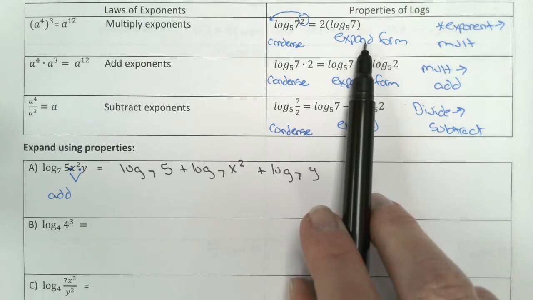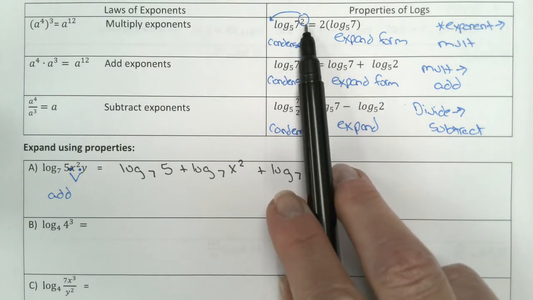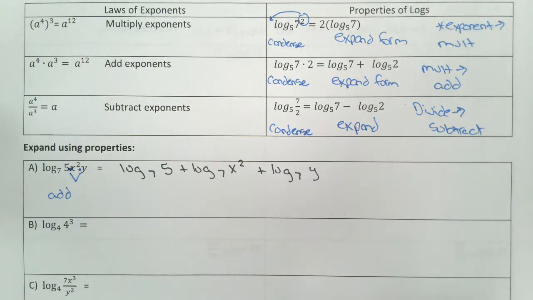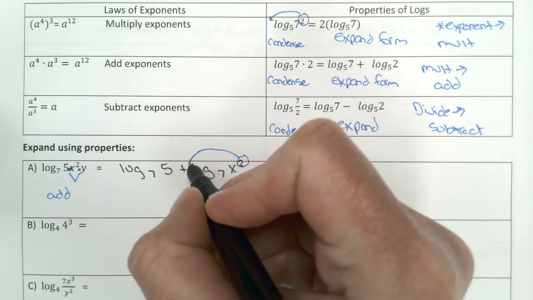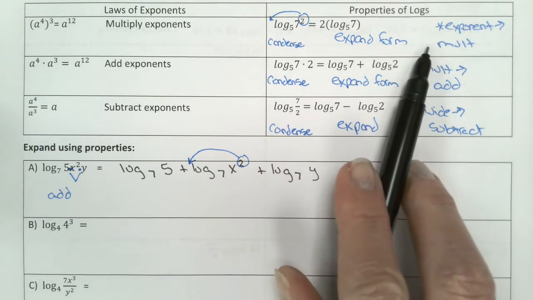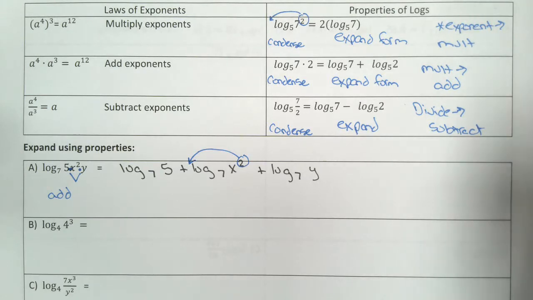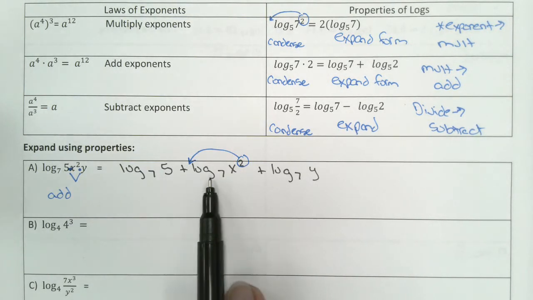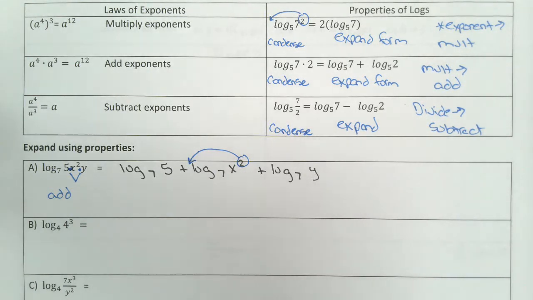In the fully expanded part, we do not have any exponents. So the last step is that you're going to have to take this exponent, and we're going to have to use this, it's technically called the power property, and we're going to have to move it to the front and multiply it.